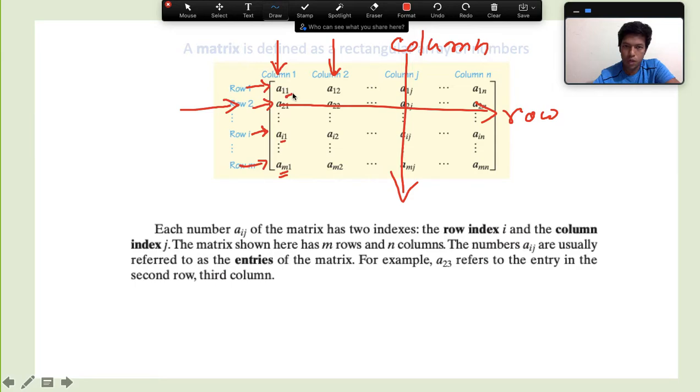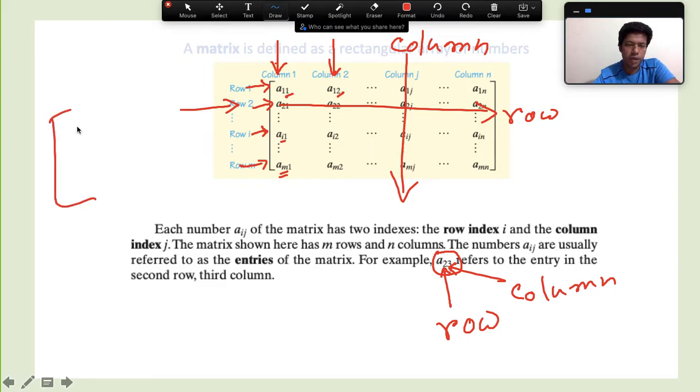So if something is a2,3, what does it mean? The first number is the row, so that means row 2, and the column is 3.